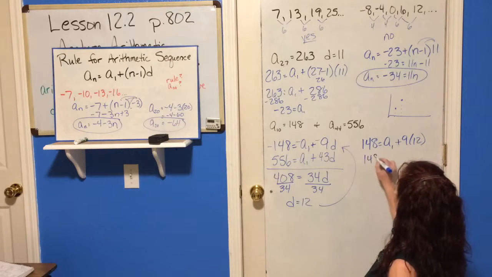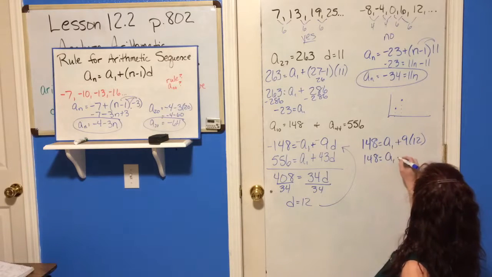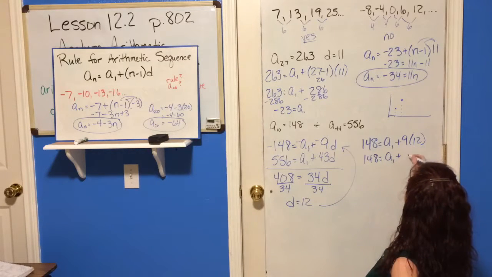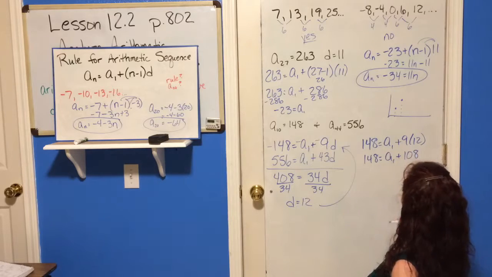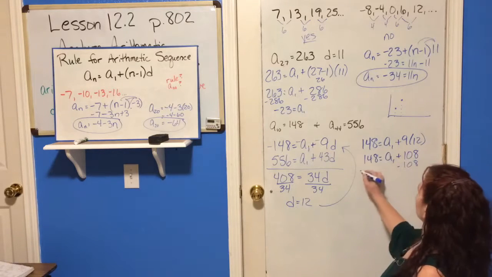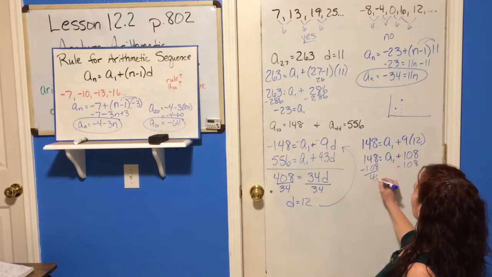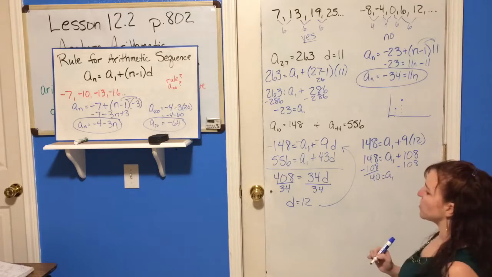So 148 equals a sub 1 plus, what is that? 108. So subtract 108. Aha. So your first term is 40.